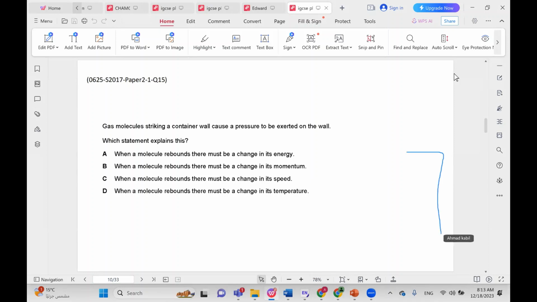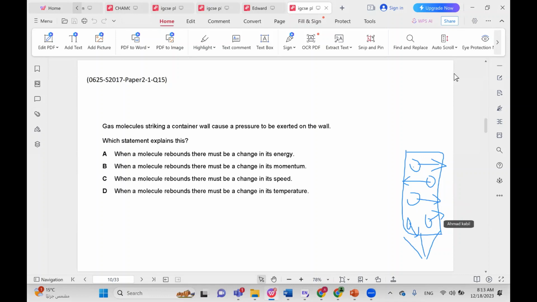We have an empty bottle and there are gas molecules inside the bottle. And we heat the bottle up. What happens to the gas molecules? We said they move with greater speeds. So when they move with greater speeds, they collide with the walls of the container with greater speeds.